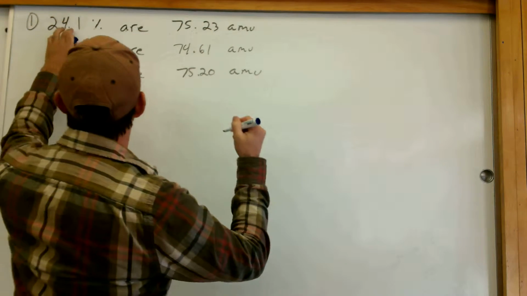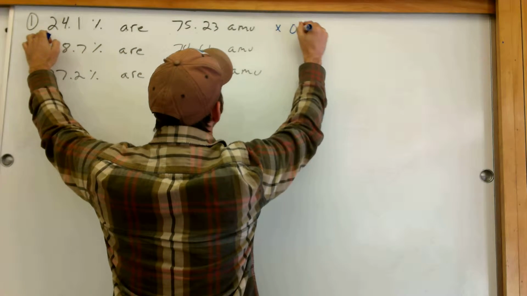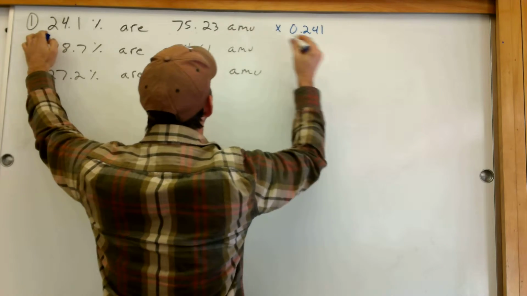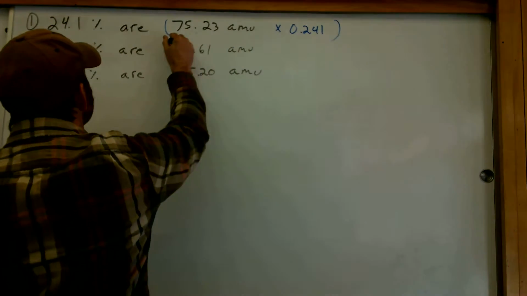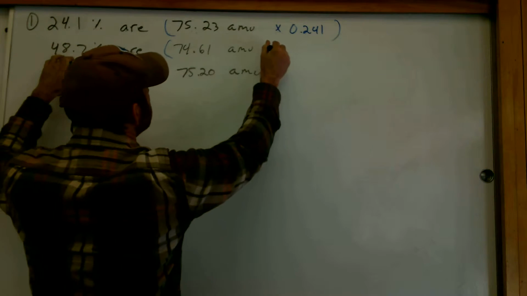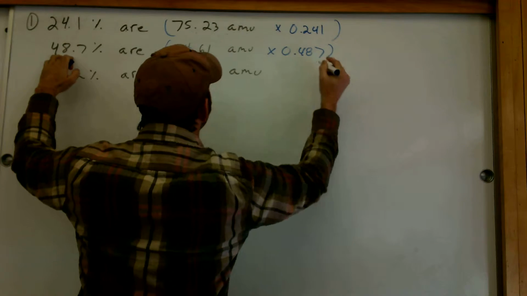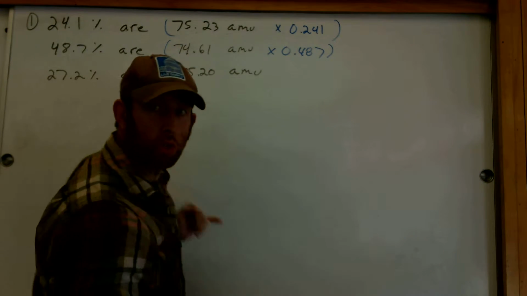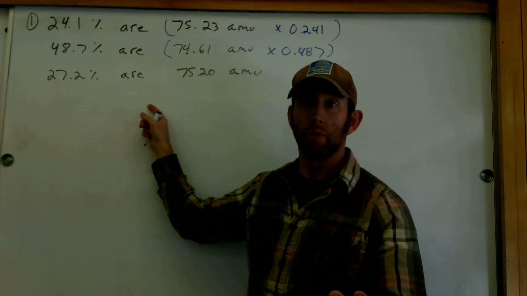So I'm going to convert 24.1 into 0.241. All right, I'm going to then convert 48.7 into 0.487, and then 27.2% abundance into 0.272.